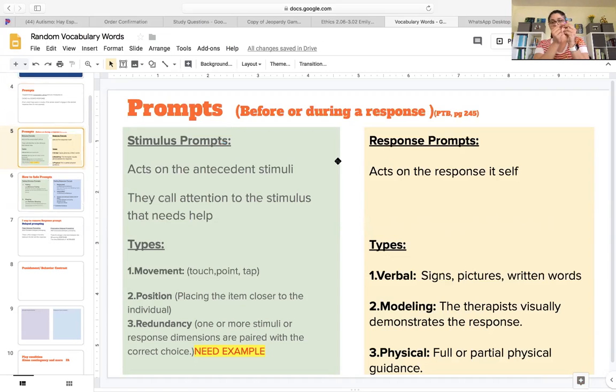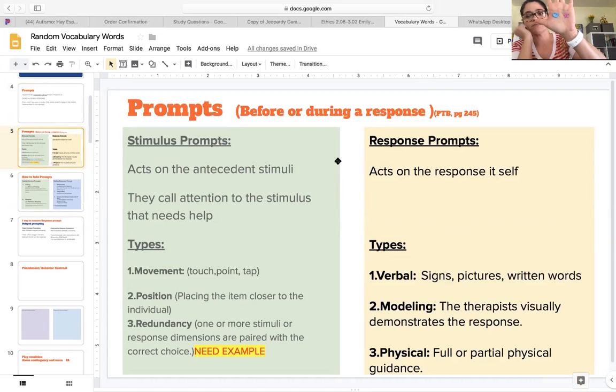Basically, if you're going to do something to the stimulus, like touching it, here is the example I'm going to give. This is a heart and a star. I want you to match star with star. If I tell you to match star with star, and you don't know how to do it, and I do this, is that a stimulus prompt or a response prompt?